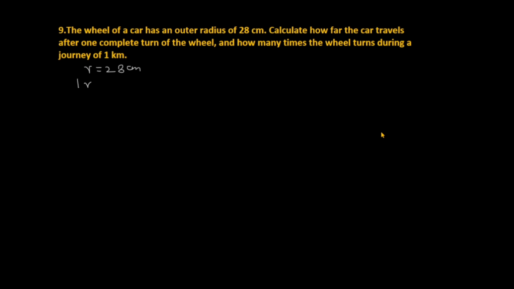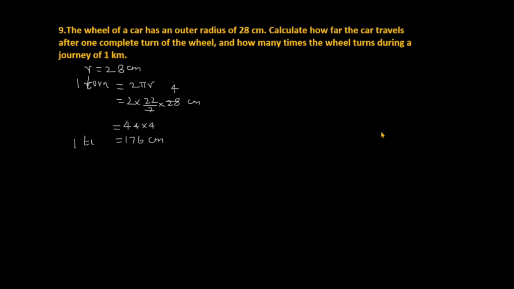So one full rotation, one full turn, 2 pi r is equal to 2 into 22 by 7 into 28 centimeter. So cancelling this 4, 44 into 4, 176 centimeter.